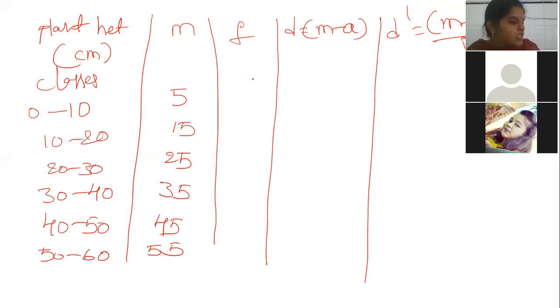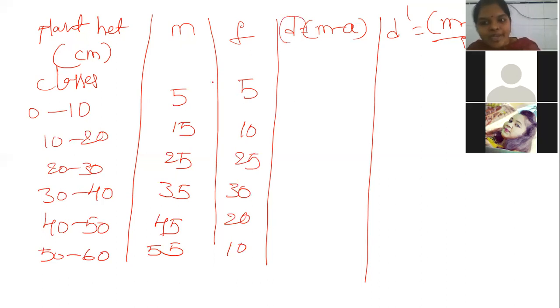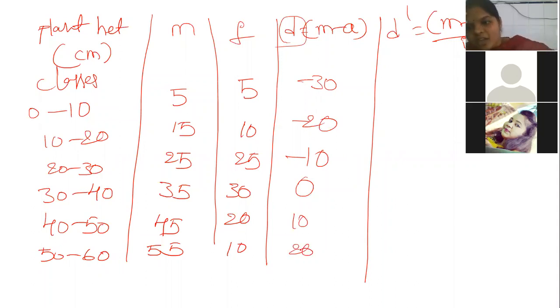Then the frequencies are 5, 10, 25, 30, 20, and 10. So I think we have d values already, right? So just copy it from the last problem. Minus 30, minus 20, minus 10, 0, 10, 20. What I am writing is right or not?